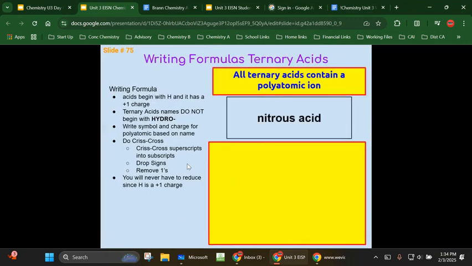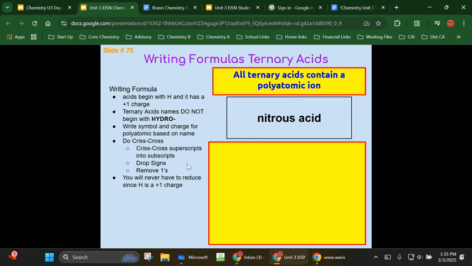Nitrous acid. By the way, OUS has to come from a polyatomic because all of our binary acids end in what? They end in ic acid. OUS has to be a polyatomic, okay? So what polyatomic? Tell me the last three letters, just because I'm not sure if I'm hearing you correctly. No, not 8. 8 would be nitric acid.